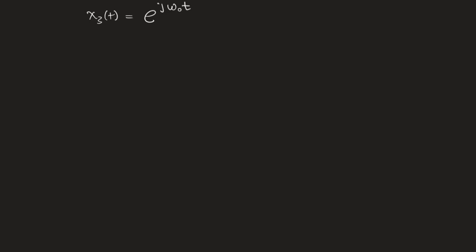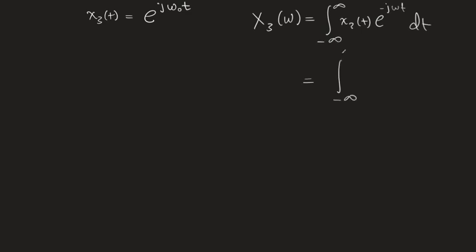Okay, let's apply the same methodology that we worked out before. So x3 of omega is equal to the integration from minus infinity to infinity, x3 of t multiplied by e to the minus j omega t, and you integrate with respect to time. So the integration from minus infinity to infinity, e to the j omega naught t multiplied by e to the minus j omega t dt.